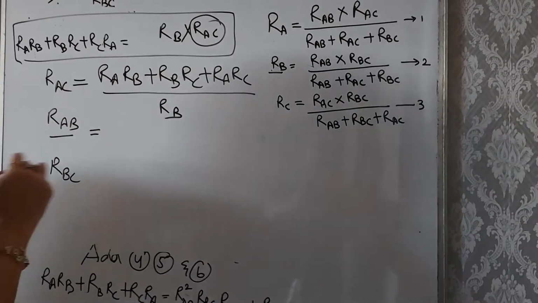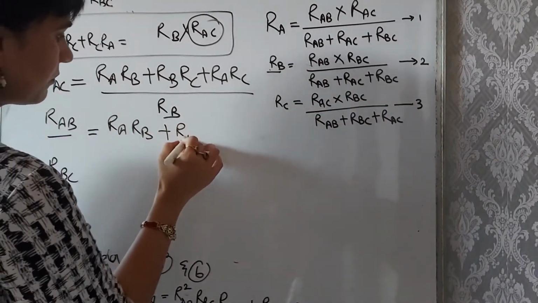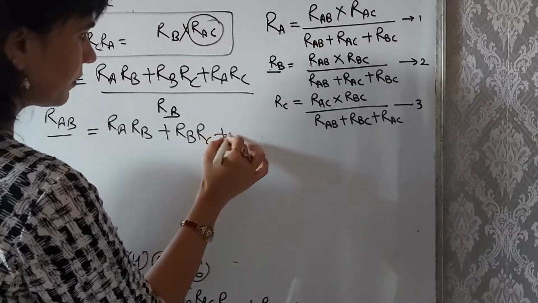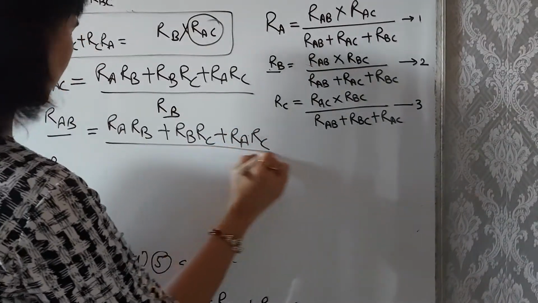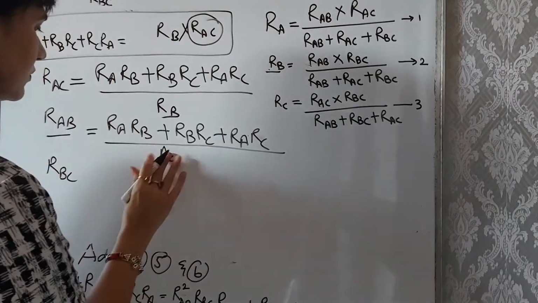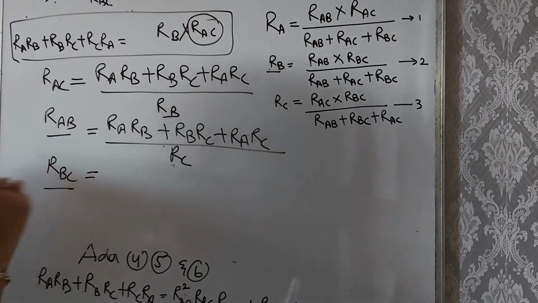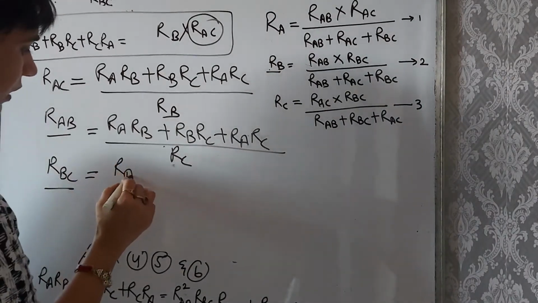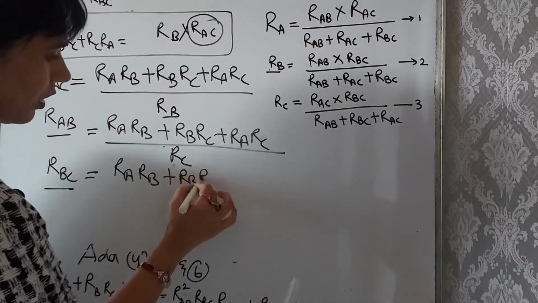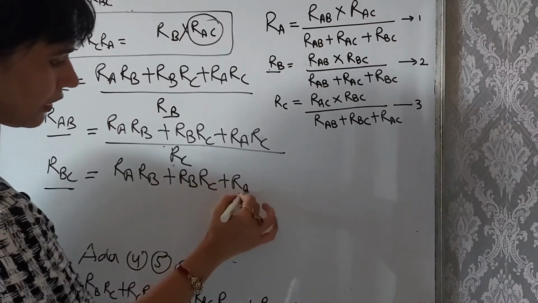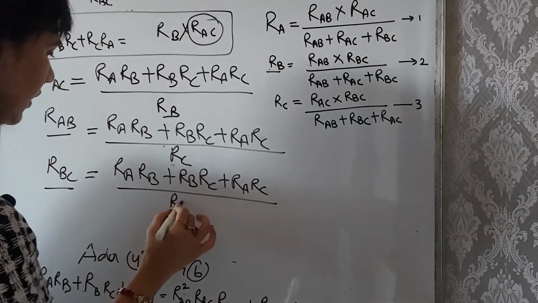For RAB, it is RA RB plus RB RC plus RA RC upon RC, and for RBC it is RA RB plus RB RC plus RA RC upon RA.